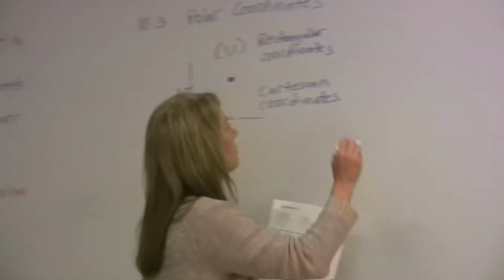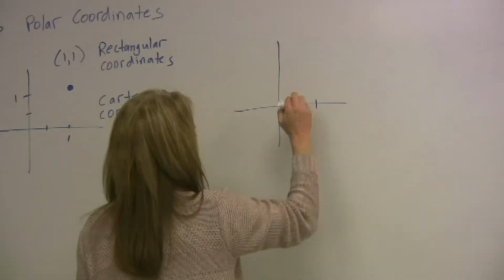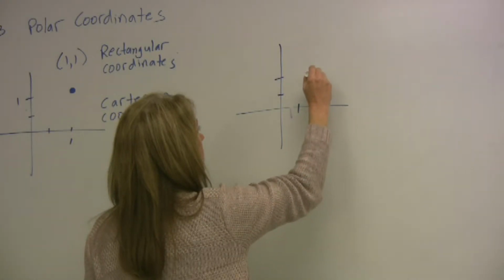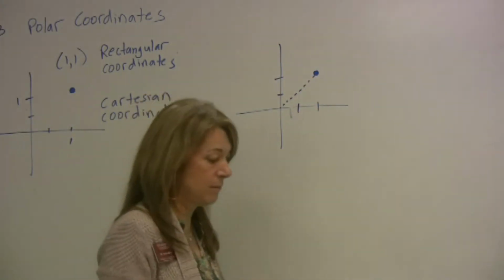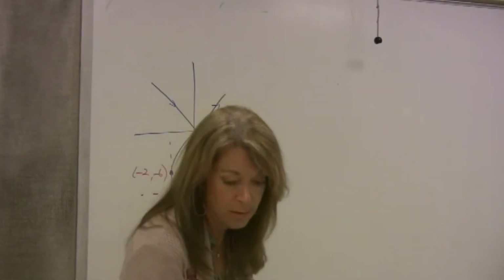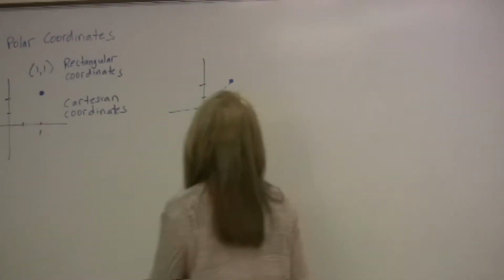So here's my question for you. On that next one, same point, let's put it in there again. Evenly spaced would be nice. My question for you is, how far is it from the origin out to that point? Square root of 2? How'd you get that? Pythagorean theorem.